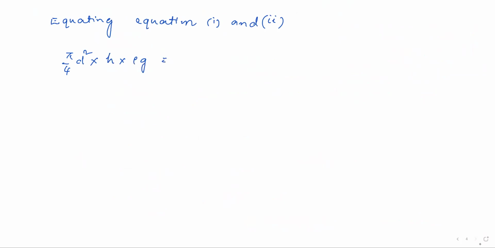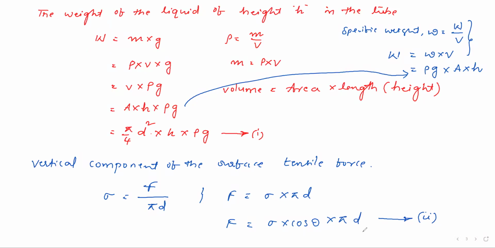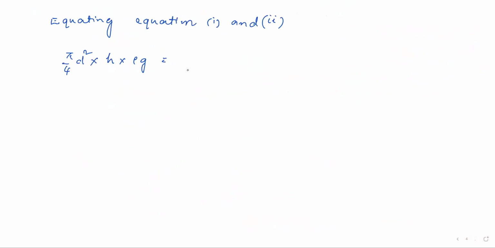This is equation 1, equal to equation 2, which is sigma into cos theta into pi into d. So here this pi will get cancelled. Square and diameter will get cancelled. So what is left here? Rho g h by 4, which is equal to sigma cos theta, right?